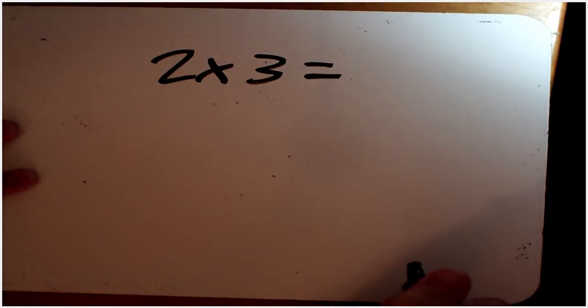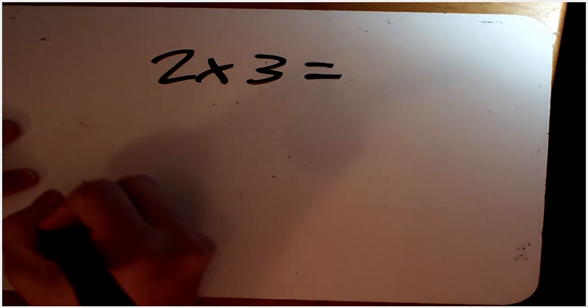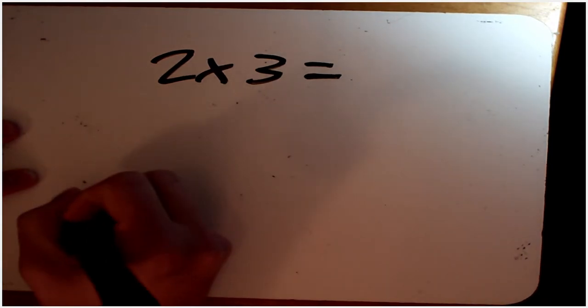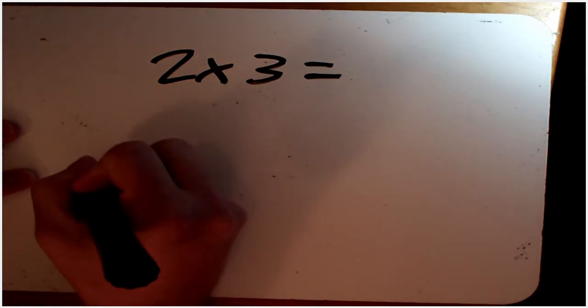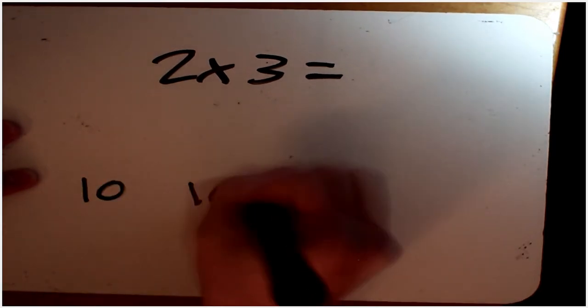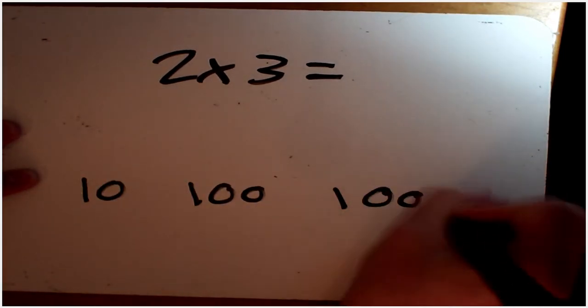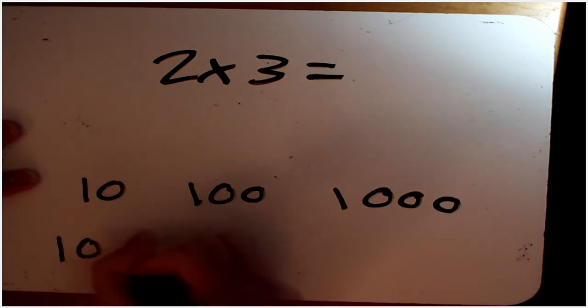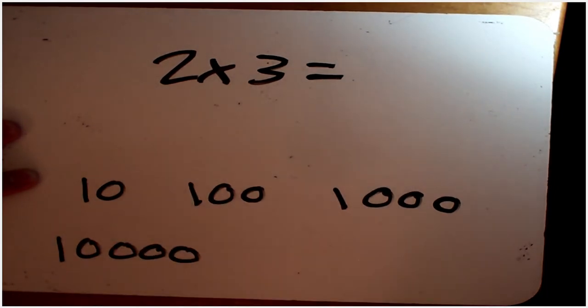But why are we talking about this for lesson 4.1 when we are doing multiplication? Well, in this lesson, you are going to be multiplying some basic fact like 2 times 3 times a multiple of 10. So your multiples of 10 are all these numbers that end in zeros. So if you're thinking of multiples of 10, you're looking at 10, 100, 1,000, 10,000, and so forth.